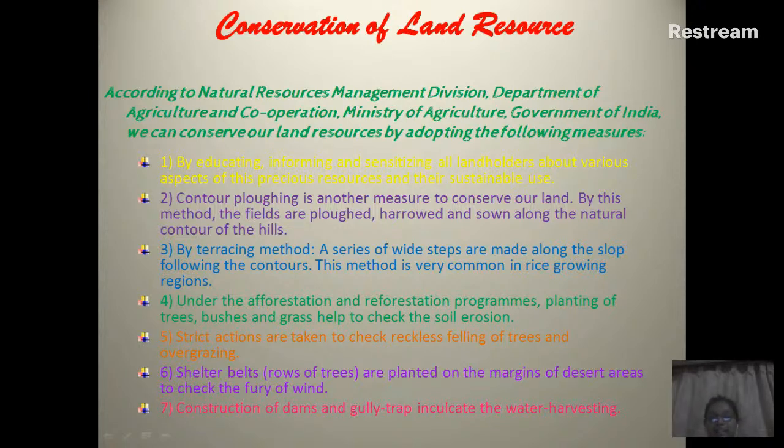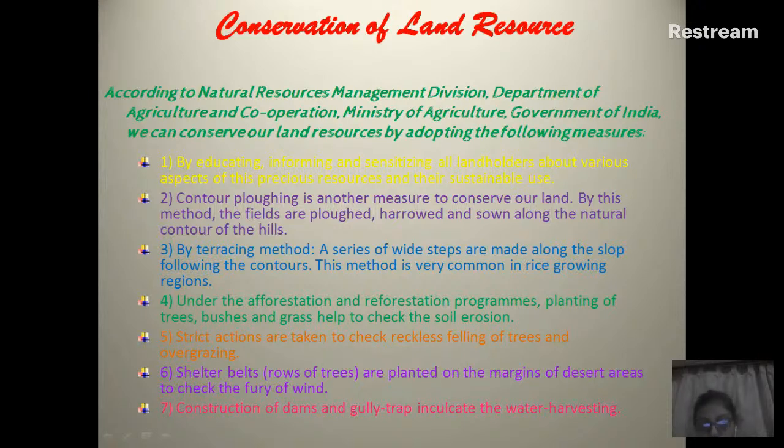Under afforestation and reforestation programmes, planting of trees, bushes and grass helps to check soil erosion. Strict actions are taken to check reckless felling of trees and overgrazing. Number six, shelter belts are planted on the margins of desert areas to check the fury of the wind.